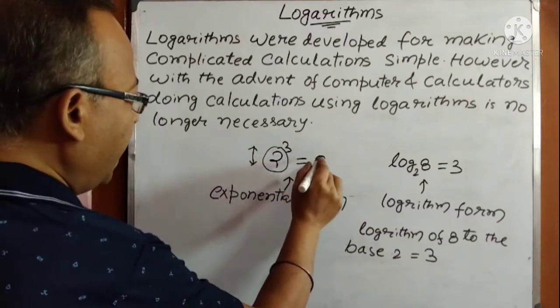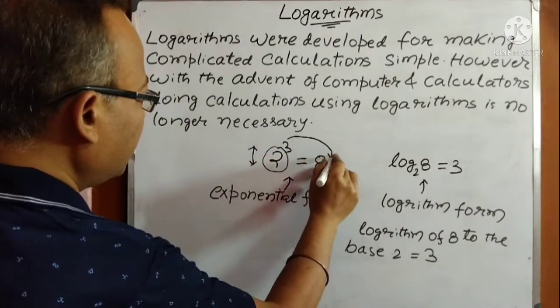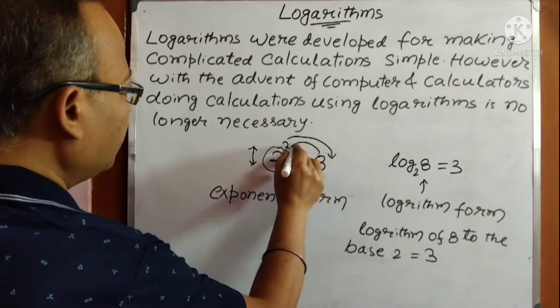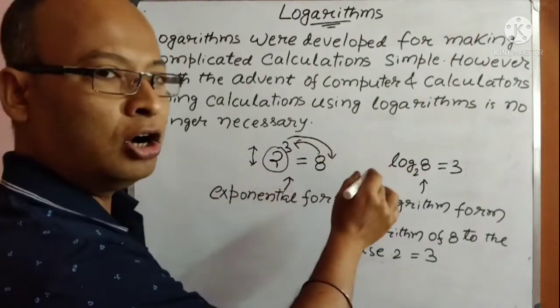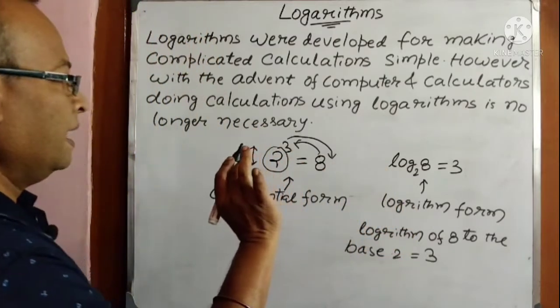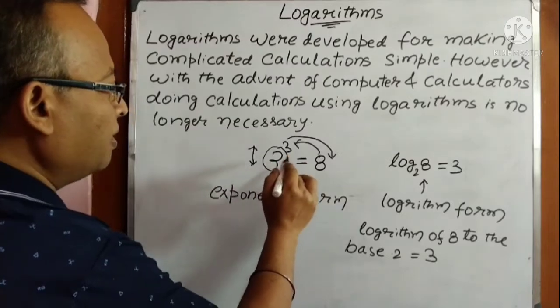And this 3 and 8 will interchange their positions. 3 will come this side and 8 will come this side, in order to change exponential to log, log to exponential. See, this is an exponential form. 2 to the power 3 is equal to 8.